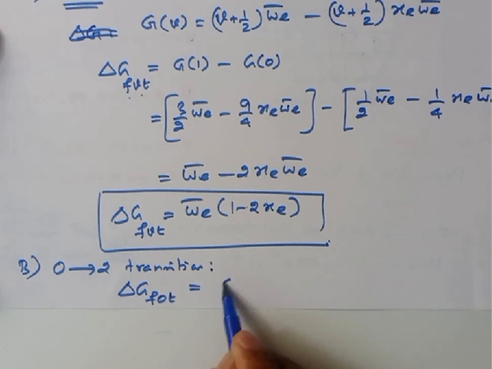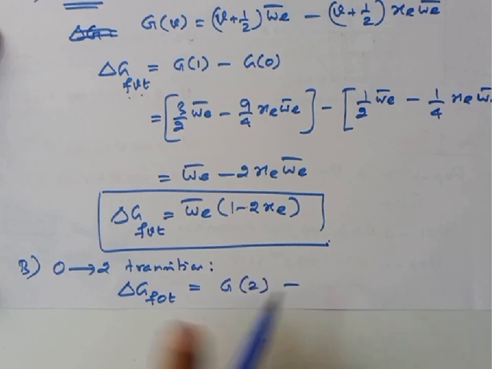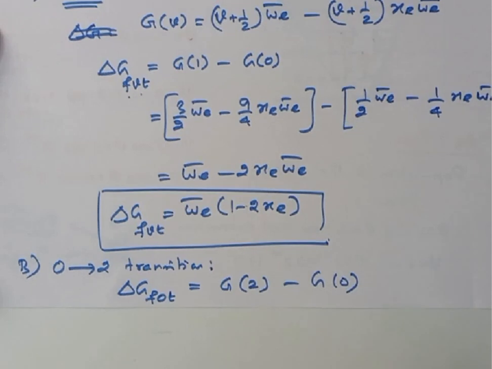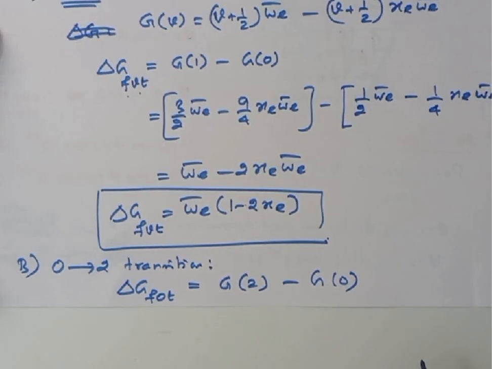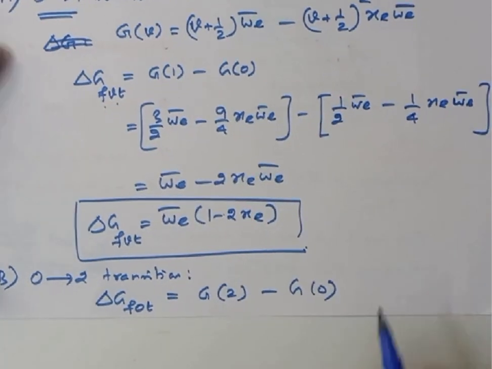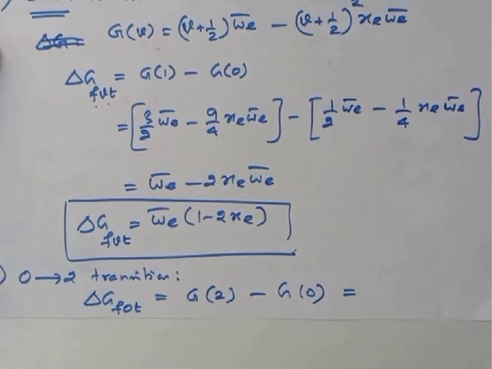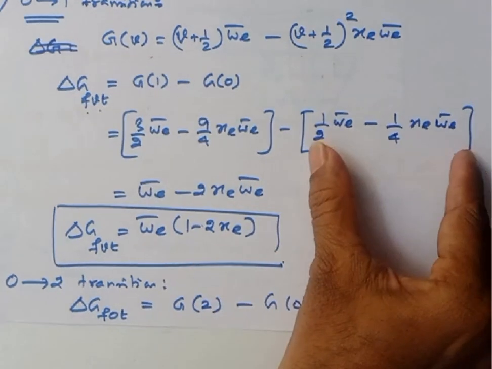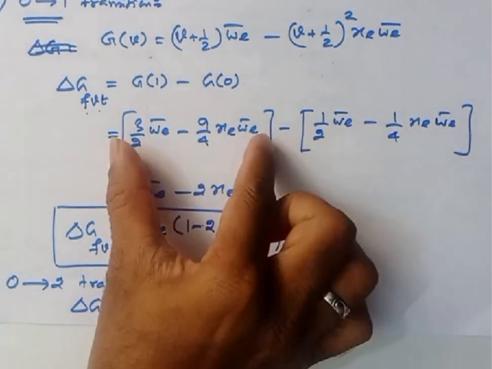It is equal to the energy of the higher level 2 minus the energy of the lower level, which is 0. Correct? Just use this formula and find the value. Tell me the final answer. This part remains the same, you have to find out only this part.